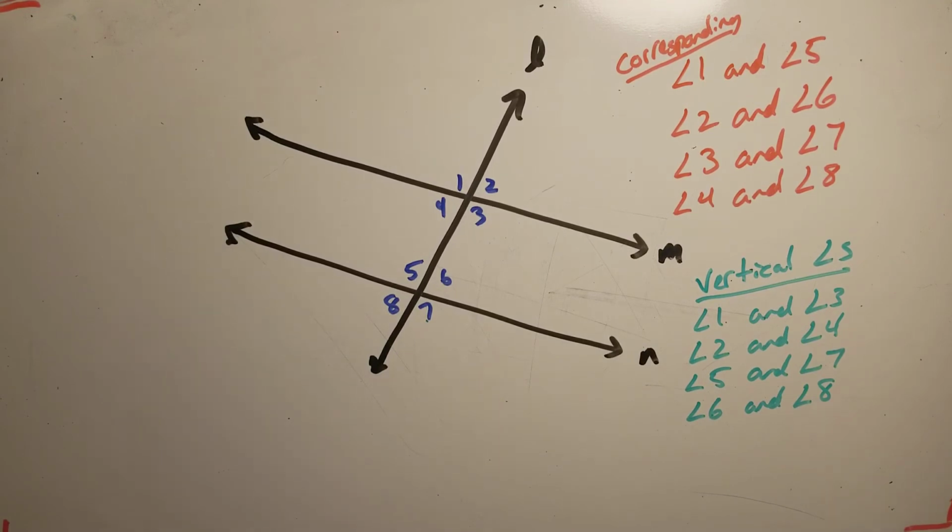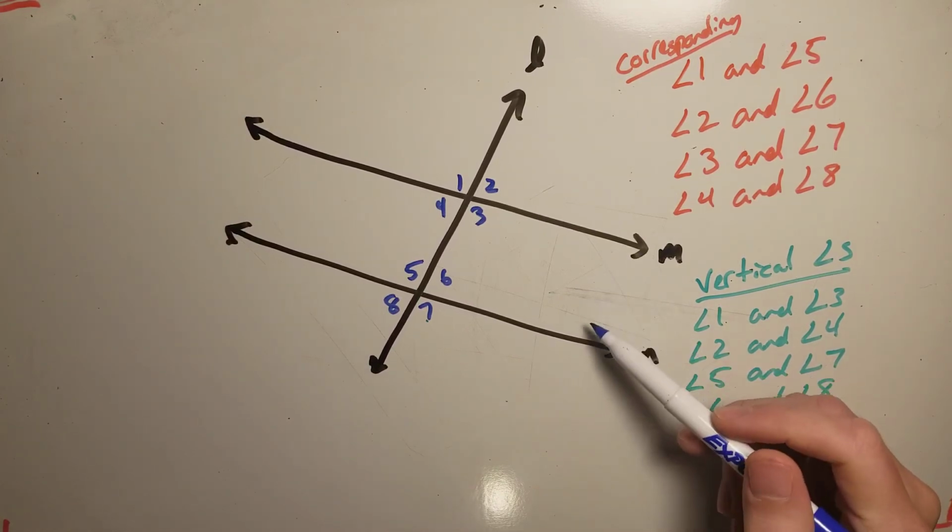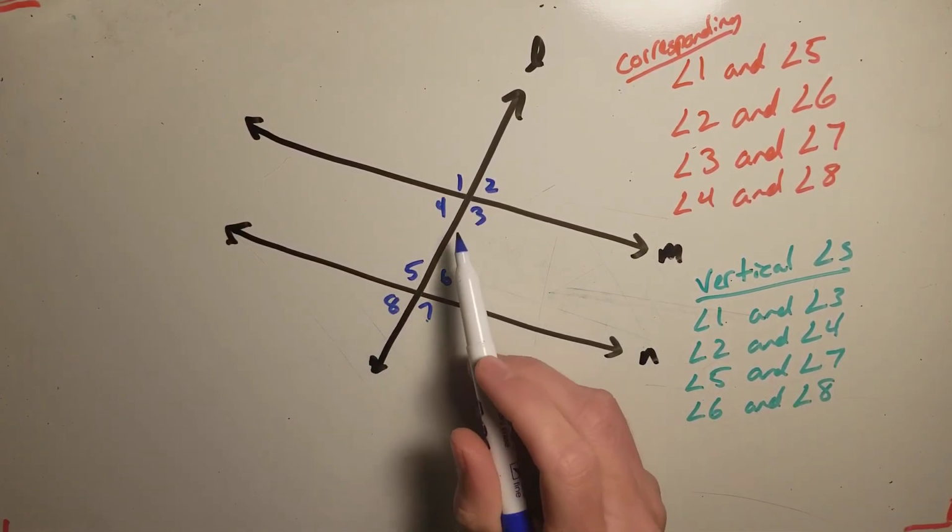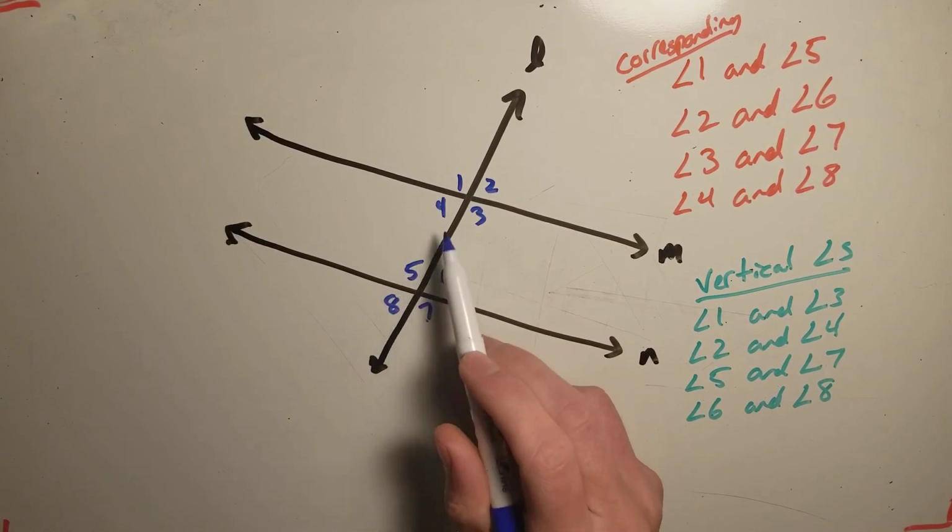Our next goal is to name two pairs of alternate interior angles. So alternate interior angles, we need to be interior. To be interior angles, we need to be between these two lines. So our interior angles are 3, 4, 5, and 6.